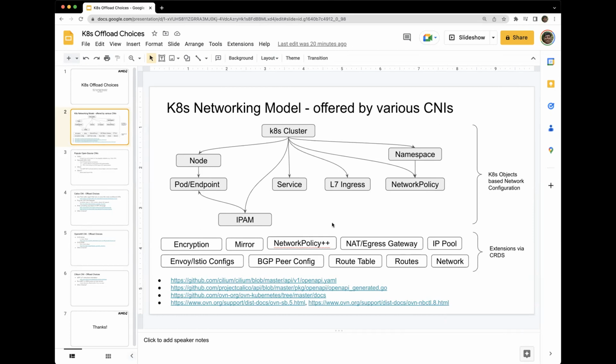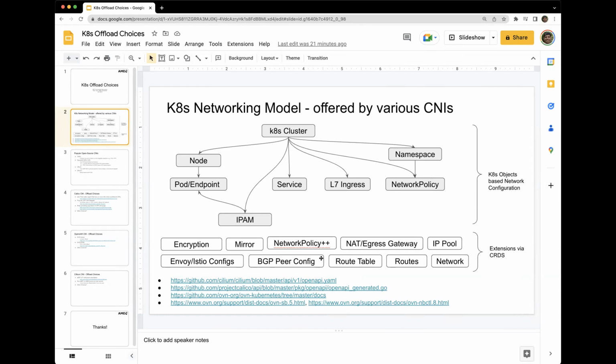Let's call that. But is it Calico? Is it Cilium? Is it OpenShift SDN? I seriously doubt it. The reason is the following. If I look at, for example, Cilium, it exposes APIs that go beyond Kubernetes objects and defines an enhanced multi-site network policy, for example, or a way to mirror traffic across the network.